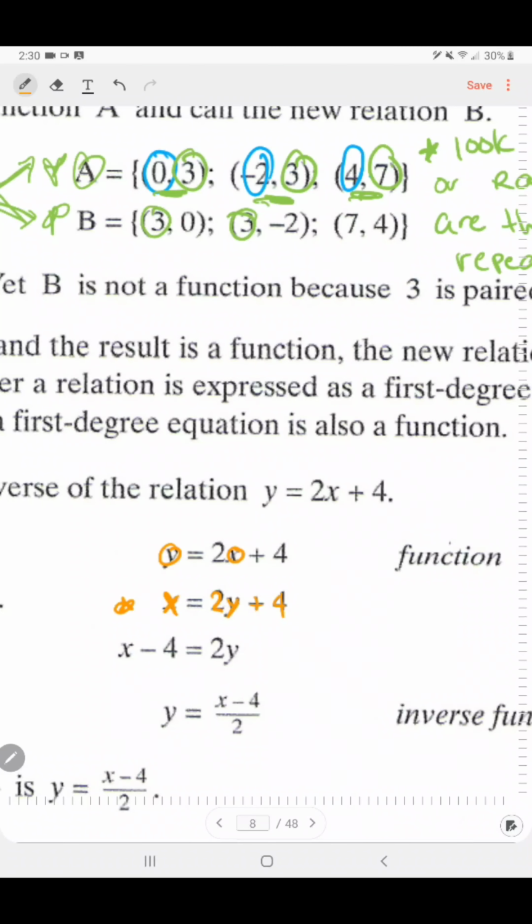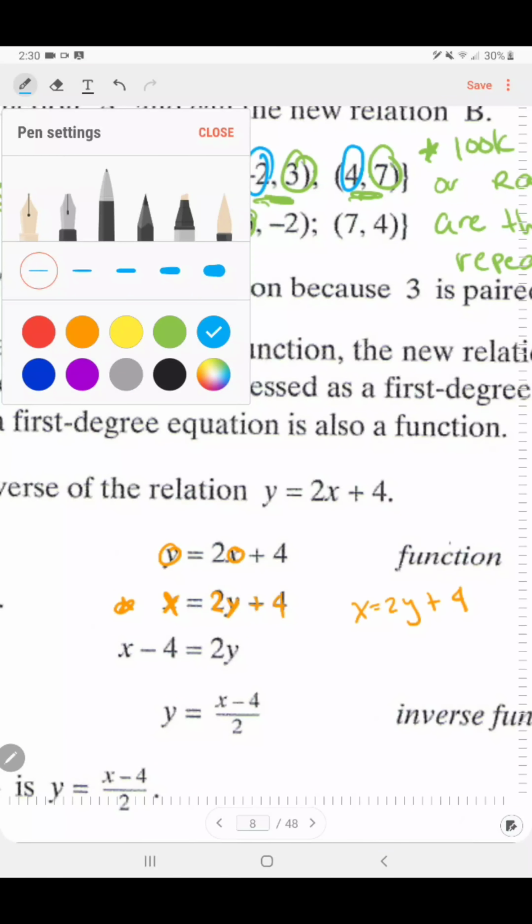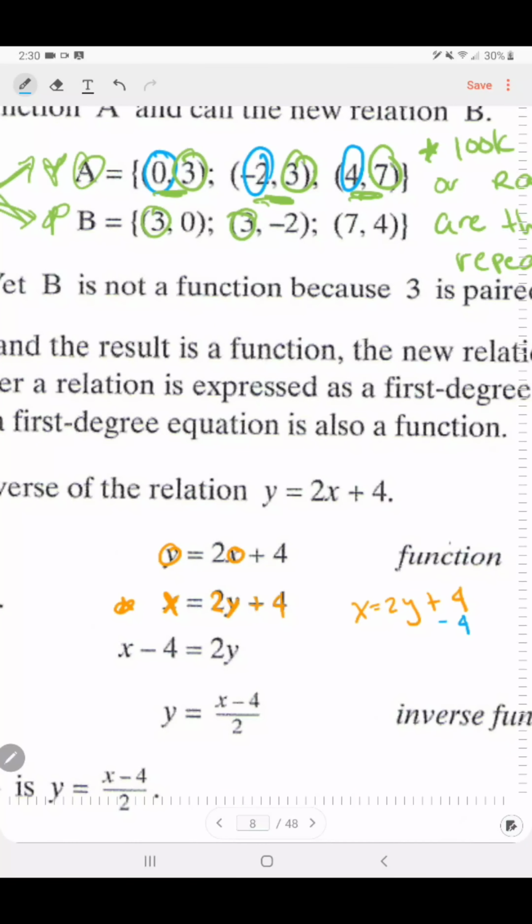So you now have X equals 2Y plus 4. The goal is still to get Y by itself. So I'm going to move 4 by doing the opposite, minus 4. So now you have X minus 4 equals 2Y, as you see here, right?